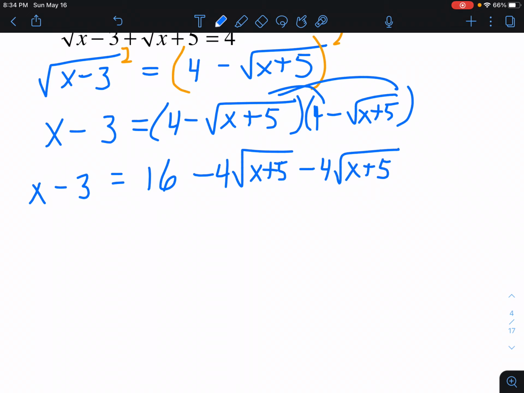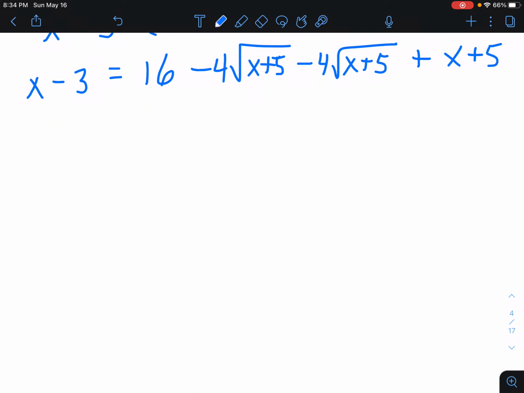And then last times last is going to be negative times negative, which will be a positive, the square root of x plus 5 times the square root of x plus 5. When you're multiplying the radicals and they're the same thing, you just get rid of the radical and carry over what was in it, the x plus 5.